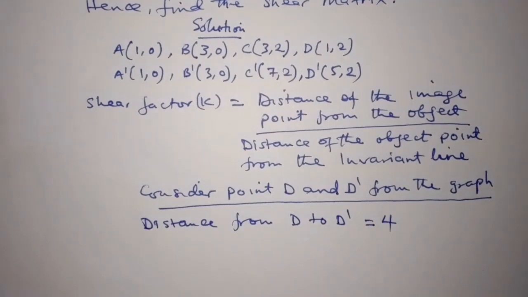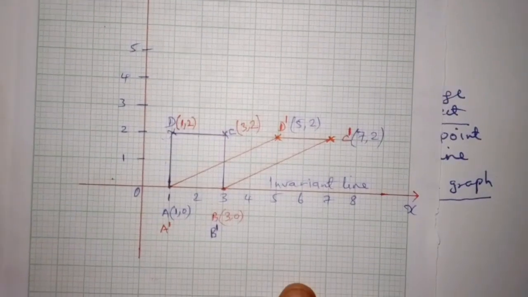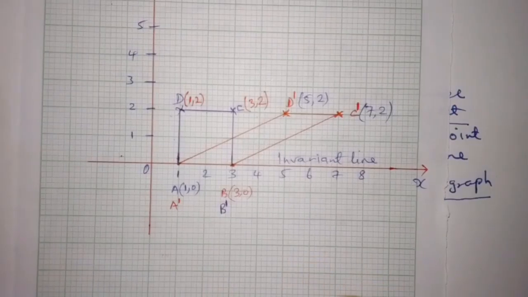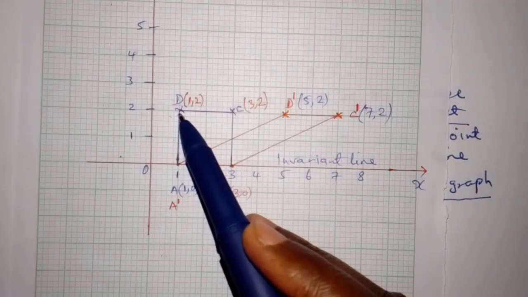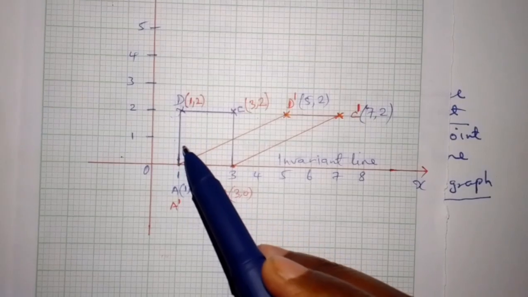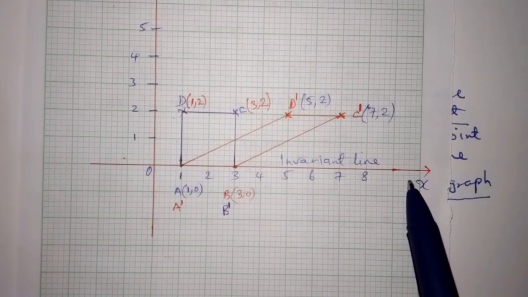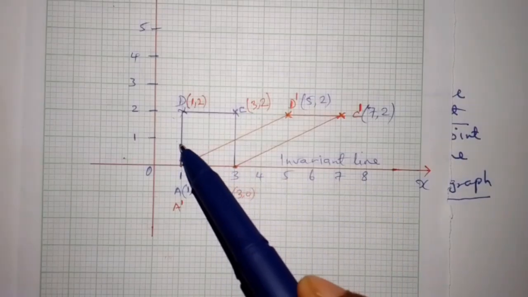Now the distance of point D, that is the object, from the invariant line. Our invariant line is this one here. So the distance is 1, 2.